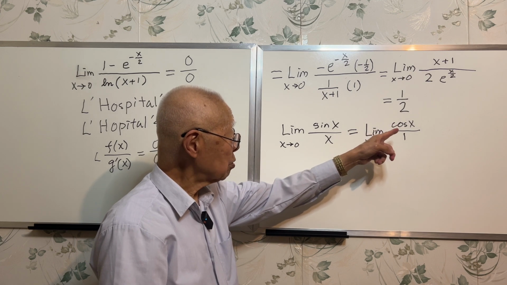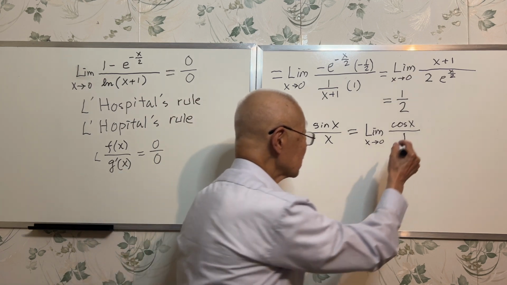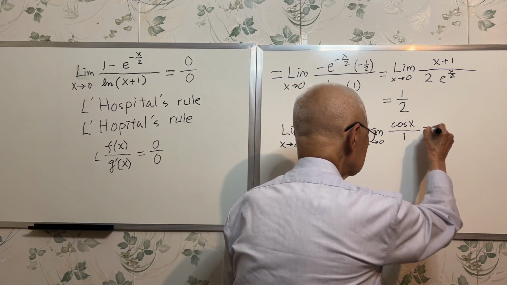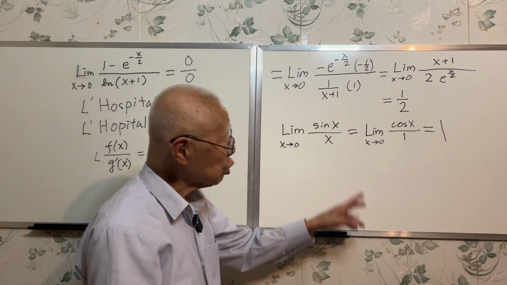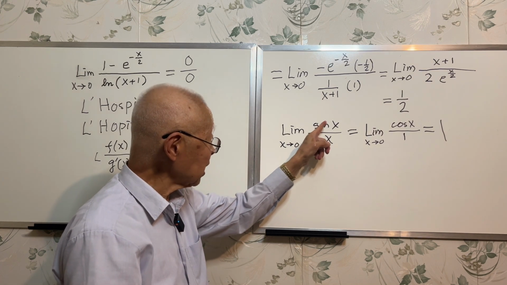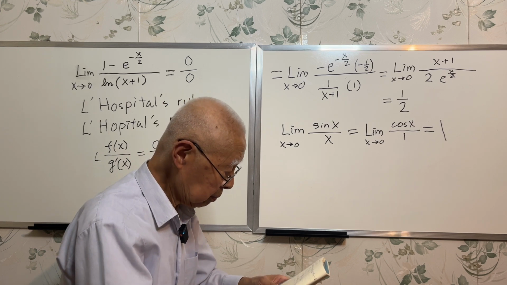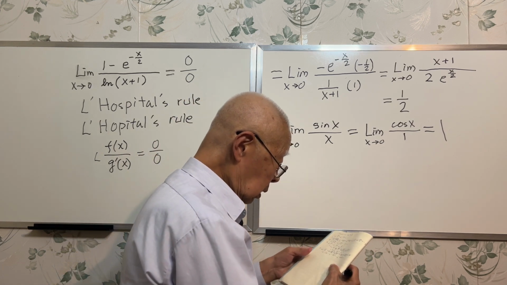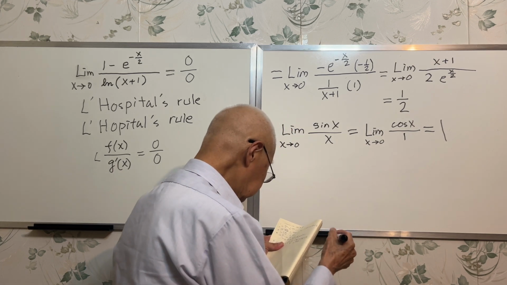Cosine 0 is 1. 1 over 1 is just 1. You need to remember this. This is so important. The limit of sine x over x is 1. Okay. Next example.